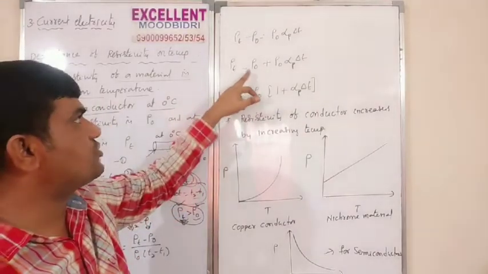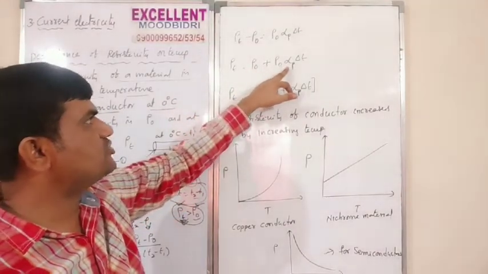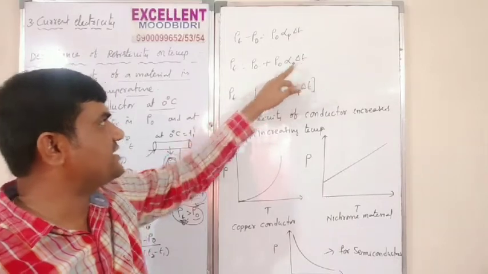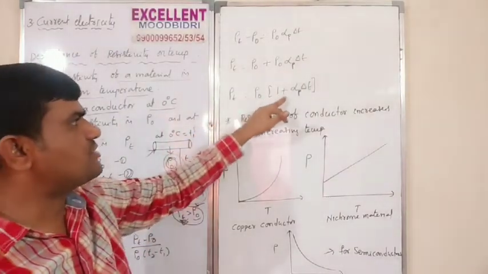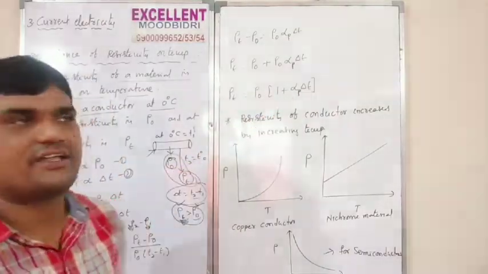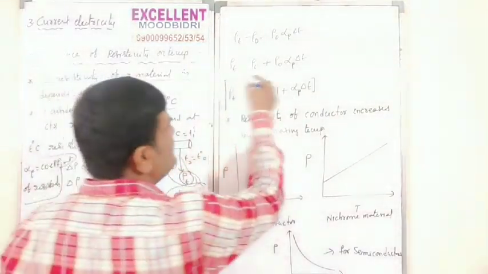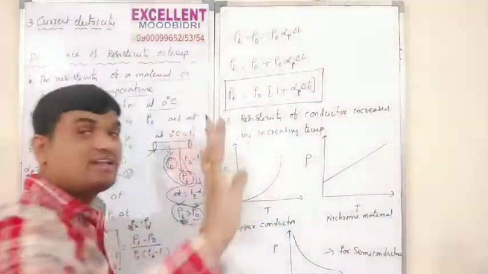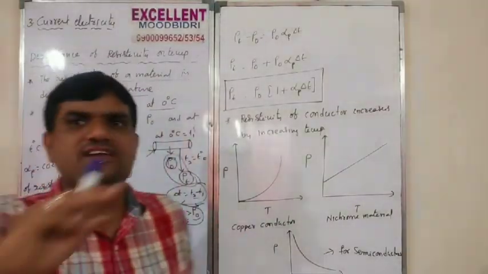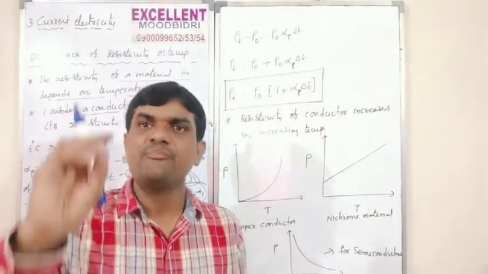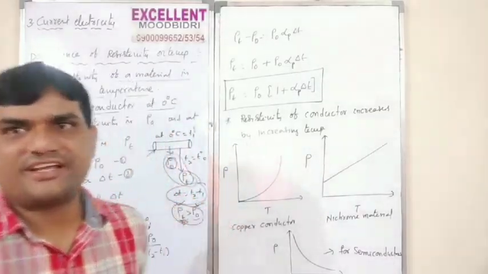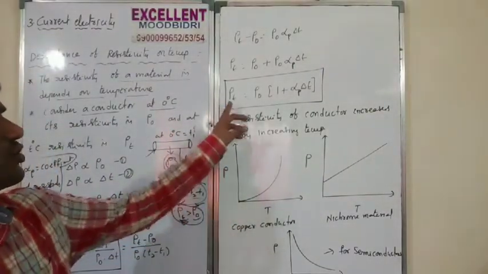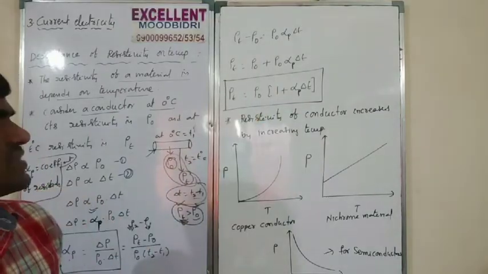Rho T is equal to rho naught plus rho naught into alpha rho into delta T. Therefore, rho T is equal to rho naught of 1 plus alpha rho into delta T. So this is the final resistivity of a conductor at T degrees Celsius.